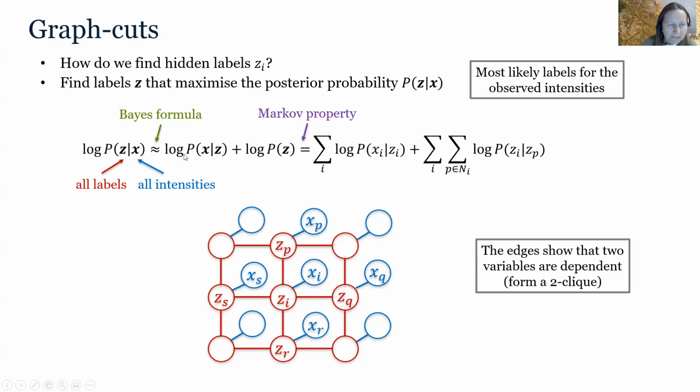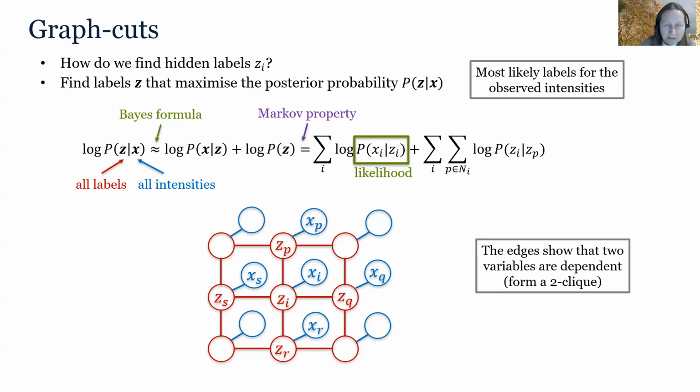So this log probability will become a sum of log probabilities for individual intensities given the labels. We sum through all the pixels, so we will have one term for each pixel. And we don't really need to keep the whole vector, because this graph tells us that this intensity is dependent only on the label of the same pixel, but not the other labels. That's why we can drop all the other labels. This gives us the likelihood for each pixel.